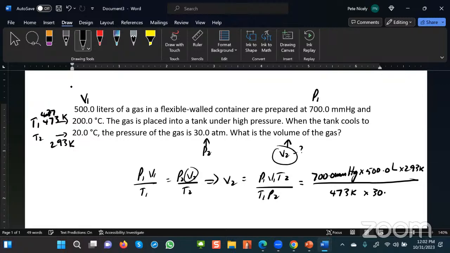Now, you'll notice that P1 is expressed in millimeters mercury, but P2 is expressed in atmospheres. So you know what we need to do, right? What do we need to do? Anybody? If we have P1 expressed in millimeters mercury and P2 expressed in atmospheres, what do we need to do at this juncture?